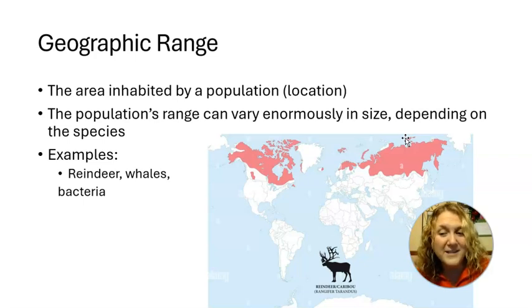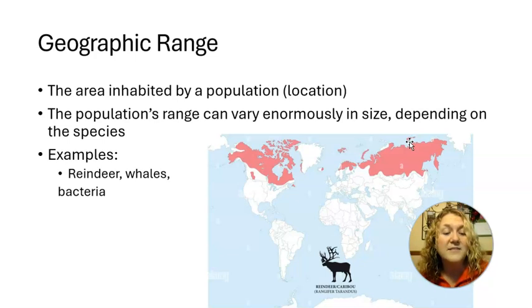Even though reindeer can exist in all of these locations that are in red, for the reindeer we were talking about in St. Matthew Island, we would consider their geographic range only St. Matthew Island because that's all that we were looking at. That's all that we were getting the numbers for, was for that specific geographic range. So ecologists can narrow down the geographic range depending on what they're looking for.